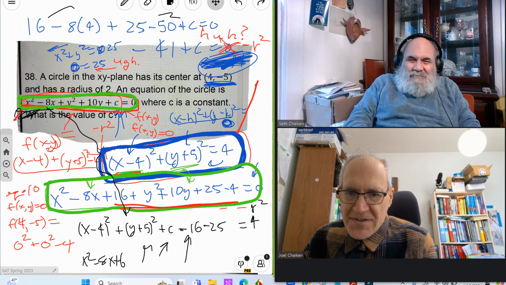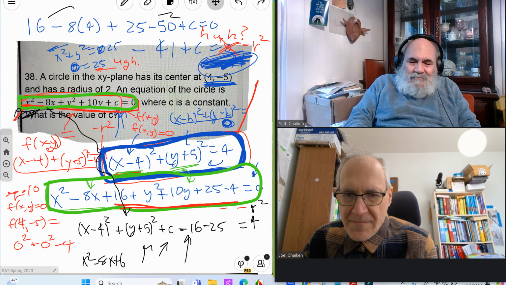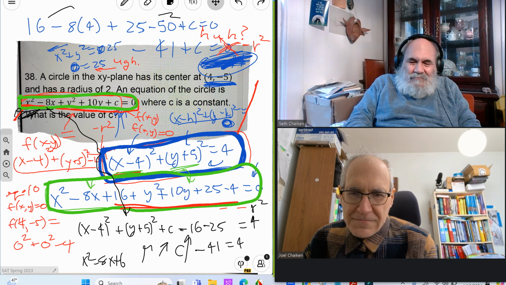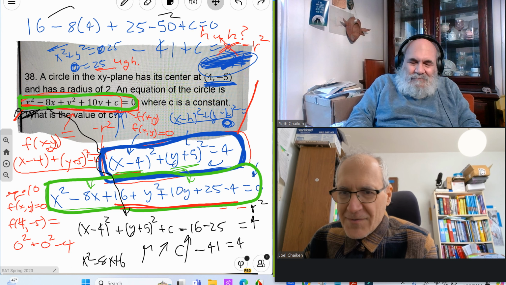No, that's not 37, is it? This is minus 41. That's negative 4? What's wrong? Wait, the equation of a circle. They told us it was 0. Wait, now I'm really getting confused.